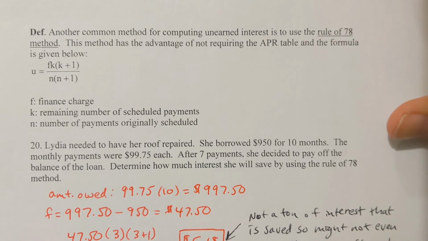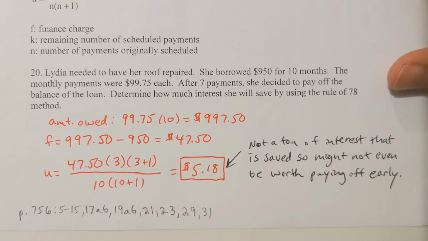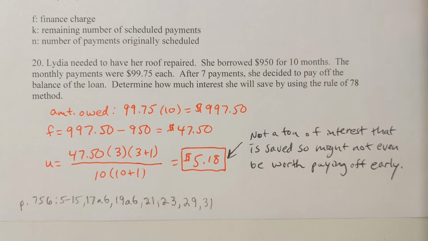So let's see here. Problem 20 says that Lydia needed to have her roof repaired, and she borrowed $950 for 10 months. The monthly payment was $99.75 each, and after 7 payments, she decided to pay off the balance of the loan. Determine how much interest she will save by using the Rule of 78 method.